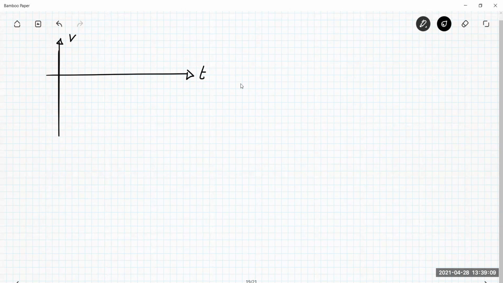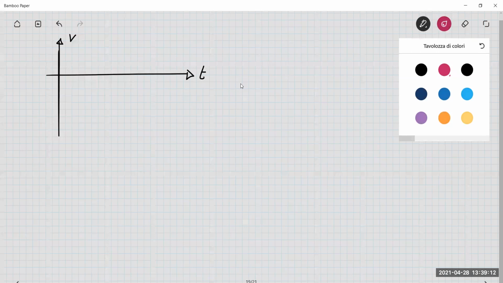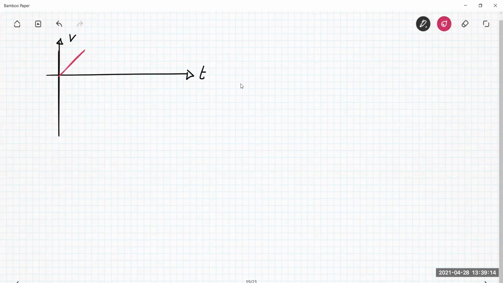Suppose that my voltage is something like this. As you can see, this voltage has a maximum value. Suppose that this voltage is the voltage by which I can get the elongation I need.